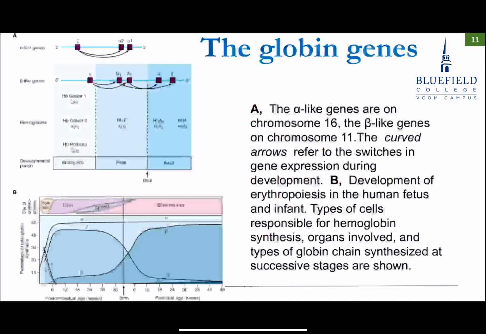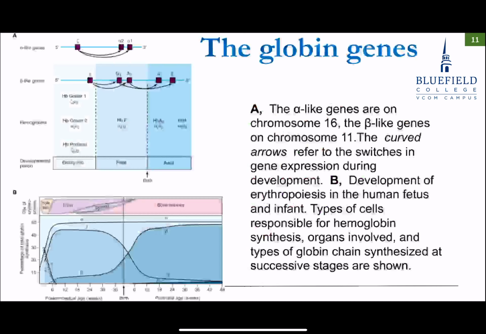And for beta-like genes, we have the following: epsilon, gamma G, gamma A, delta, and beta. So all these genes belong to the beta-like complex, but when a hemoglobin is formed, only one of them provides the product for the hemoglobin.